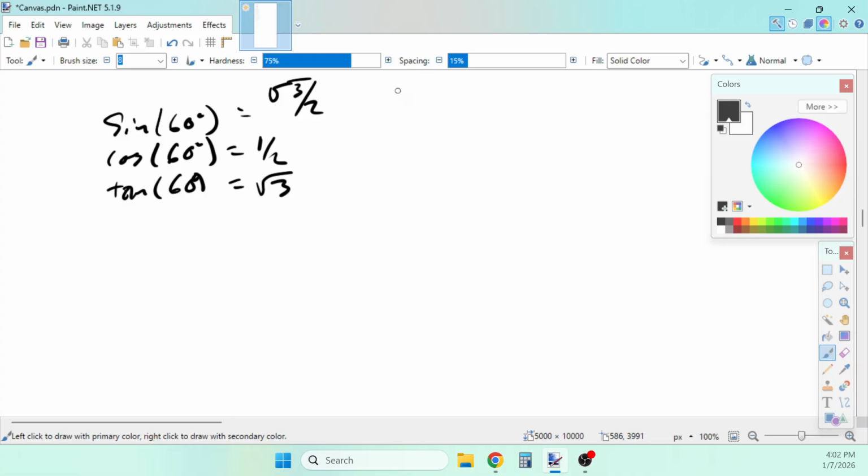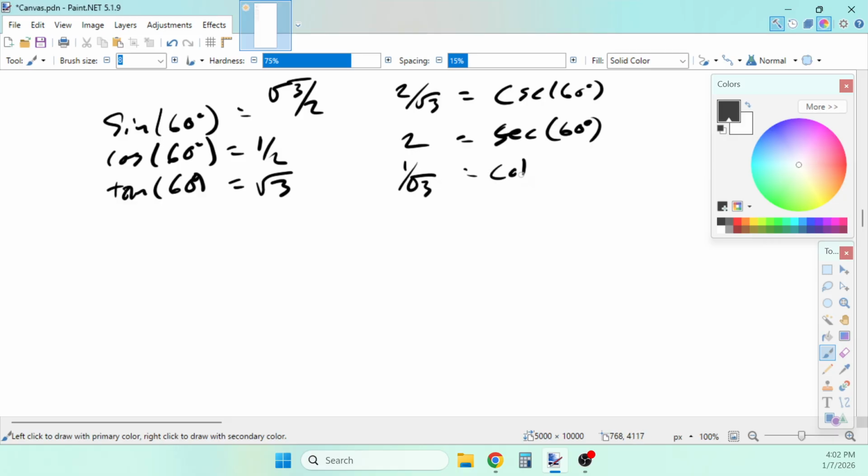The reciprocals are 2 over square root 3, which is going to be the cosecant of 60 degrees. We have 2 is the secant of 60 degrees. And 1 over square root 3 is the cotangent of 60 degrees.